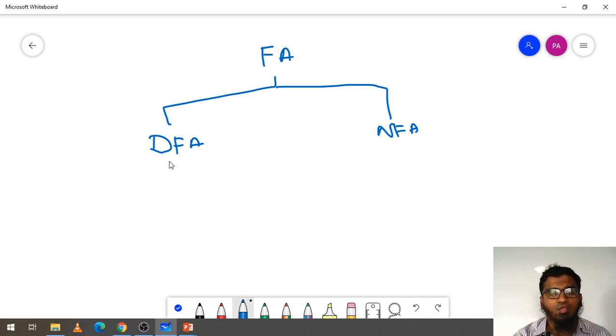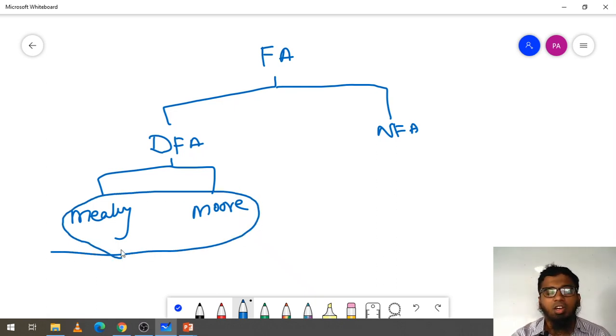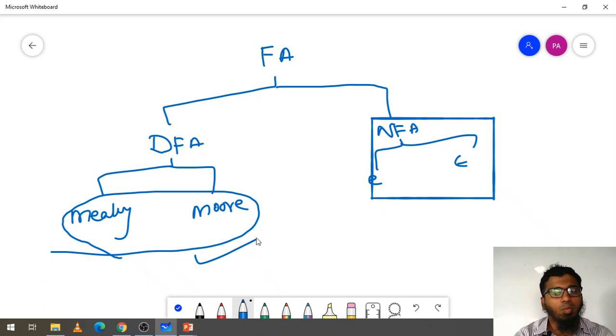DFA is divided into two, Mealy and Moore. Today we are going to see this one. Equivalence and epsilon we will see in the next class. So today we are going to see Mealy and Moore.